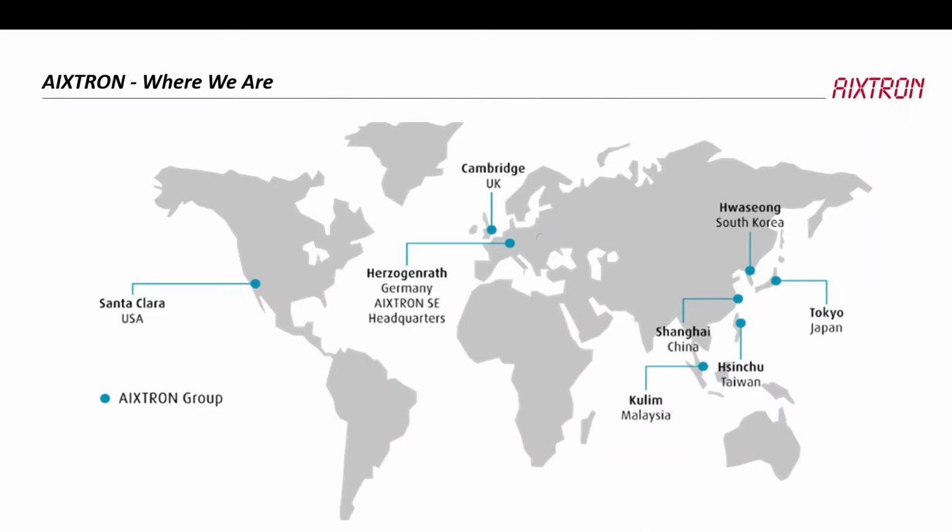So yeah, this is where we are, headquartered in Herzogenrath, which is 10 minutes north of Aachen, and we are in Cambridge as well, Santa Clara in the US, and main business is in Asia at this time, although we're seeing a lot of it come back to Europe. So there's definitely a shift in that outsourcing to Asia that we see.